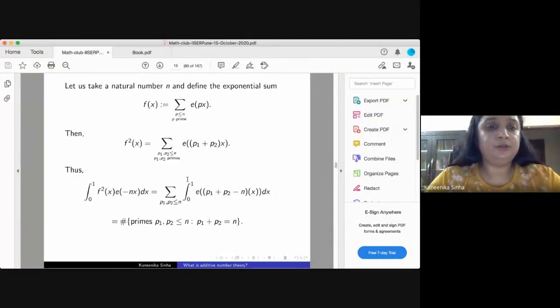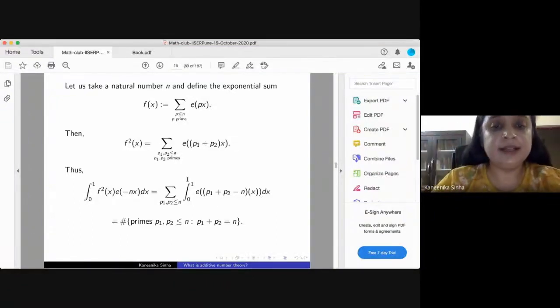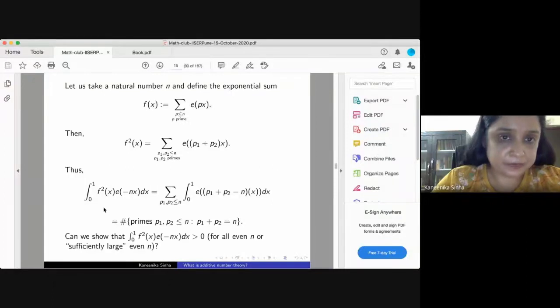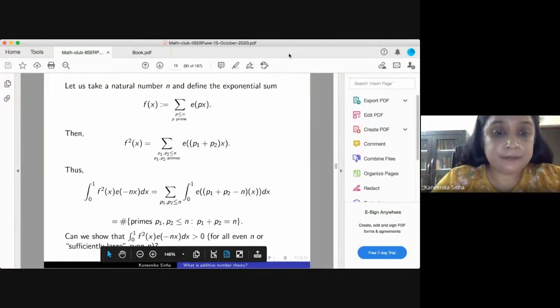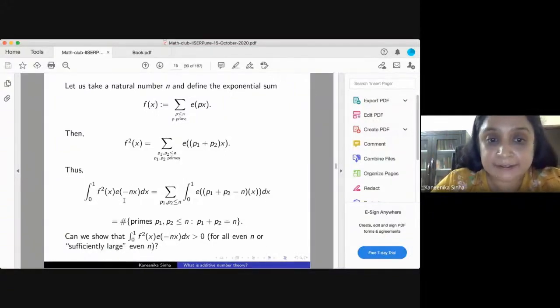One of the most important steps in the circle method has already been accomplished. We have converted the Goldbach conjecture, especially the binary Goldbach conjecture, into evaluating a certain integral expression. Now we want to check whether the left-hand side is positive.